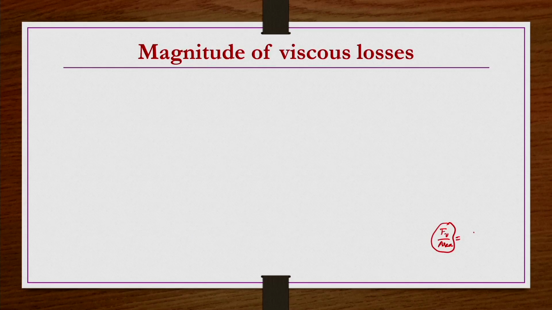What is this Fv, that viscous force? We have already seen the Stokes drag on a single particle, or the drag force in the Stokes limit, that is nothing but the viscous force, because that is the only force acting in the small Reynolds number range.